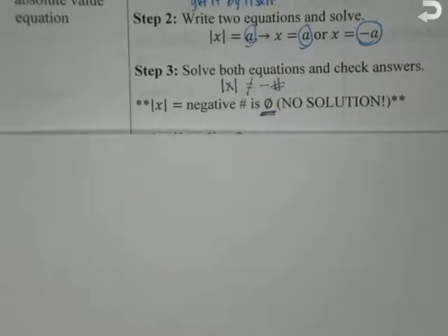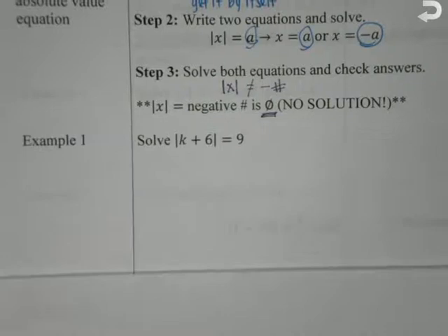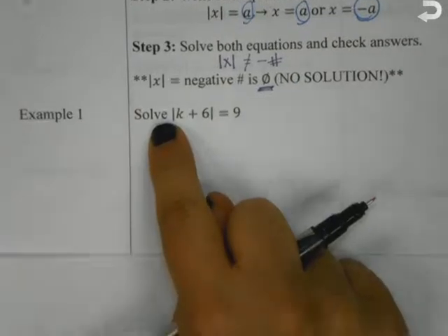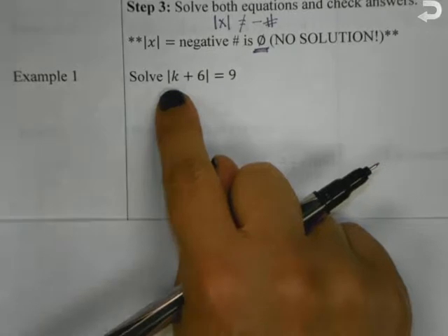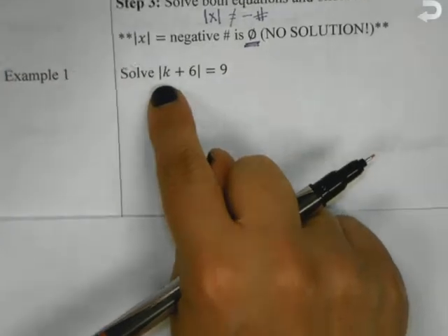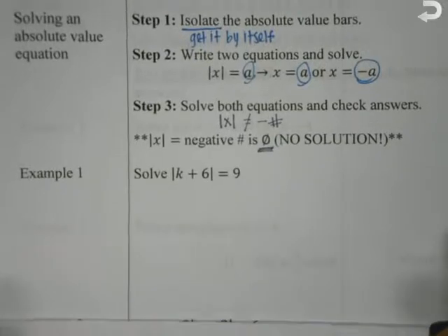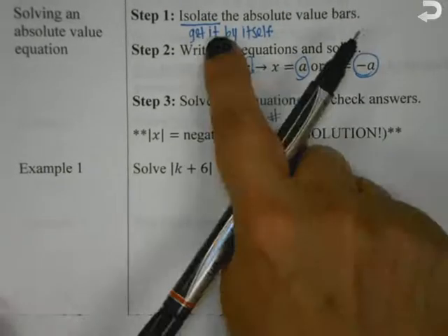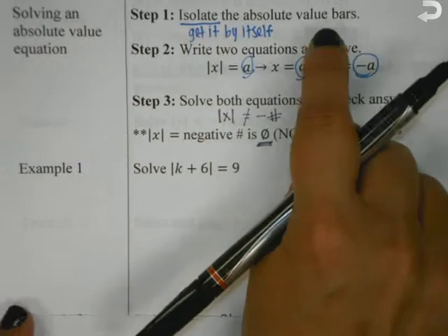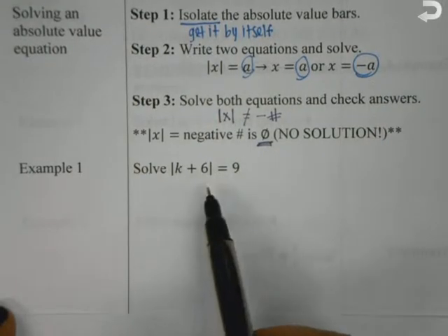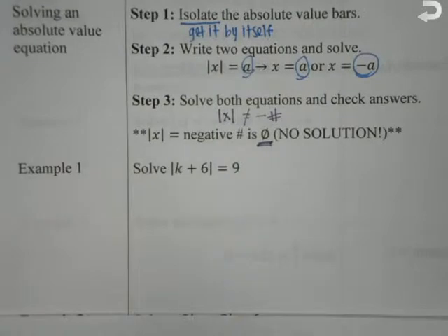So let's look at example 1. Example 1 says to solve for the absolute value of k plus 6 equals 9. Step 1, I'm going to actually bring the steps down a little. Step 1 says to isolate the absolute value bars, or get the absolute value bars by itself. Are my absolute value bars here by itself in example 1? Is there anything attached to them at all? No, we are all by ourselves, right?